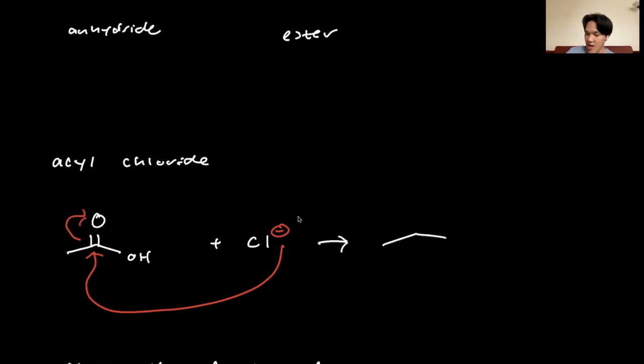You all should know this by now. And then this Cl is now bonded. Just to remind you what our acyl chloride looks like, it has the double bond O and then the Cl. So in this case, we just need this oxygen to make this double bond over here and this OH to leave, right?